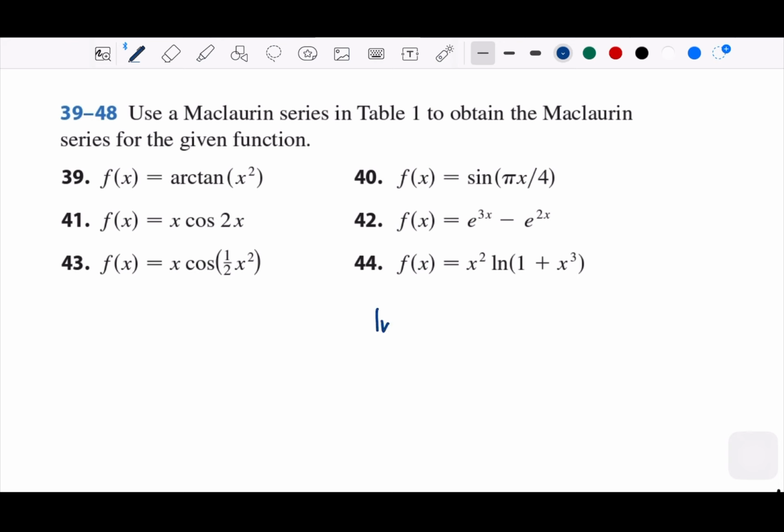So we know that ln(1 plus x) from our table or from our Maclaurin series is the sum, we can move one by one. So let's say we are going to exchange x with x cubed.